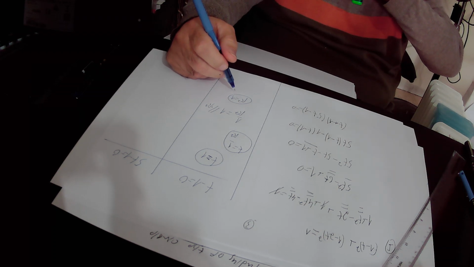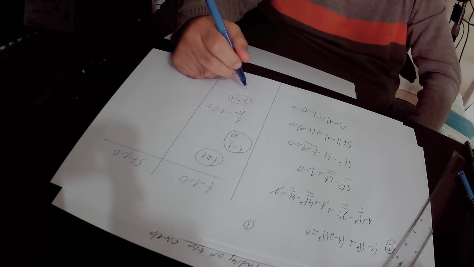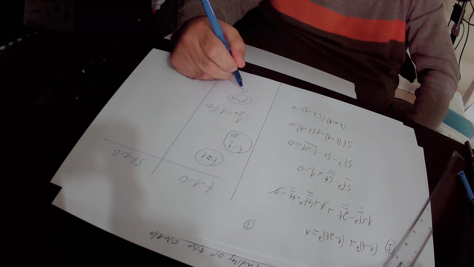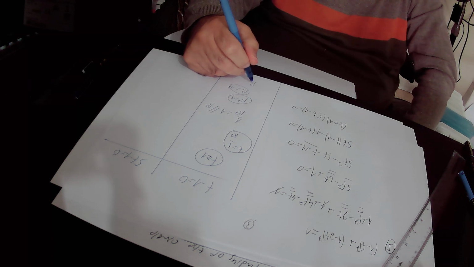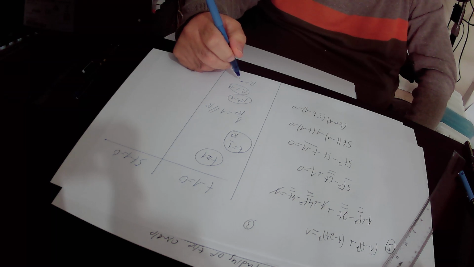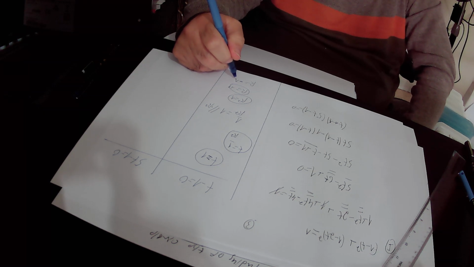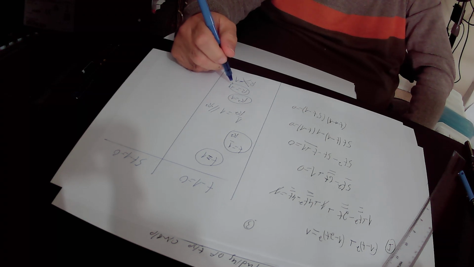If r squared equals 1, we take the square root of this equation, and we get that r equals either plus 1 or r equals minus 1. Because r is the length of the radius, it cannot be a negative number, so r equals minus 1 will get cancelled. We are left only with r equals plus 1.